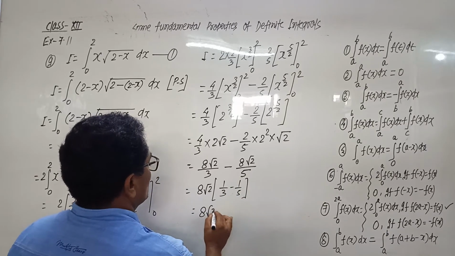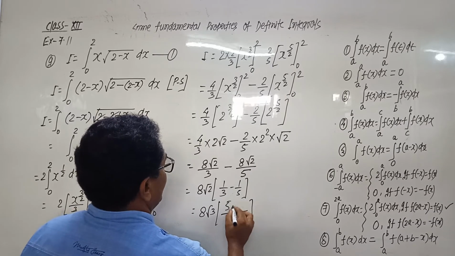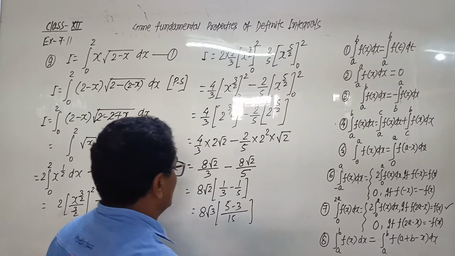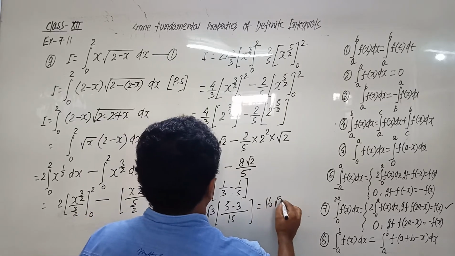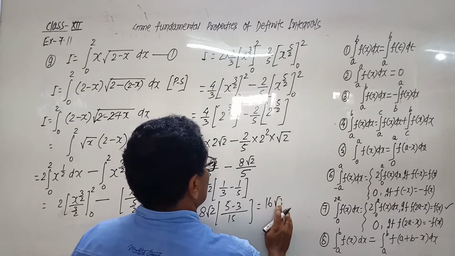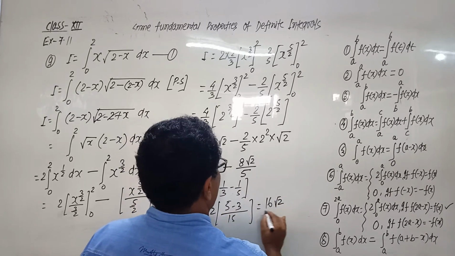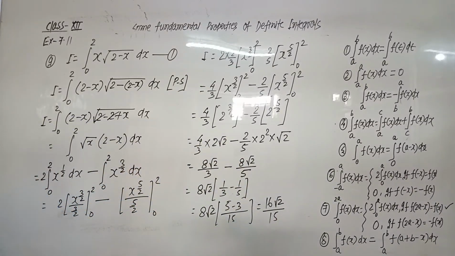So 8 root 2, LCM 15, and it comes 5 minus 3, 2, 8 root 2 multiplied by 2, 16 root 2 upon 50. This is the result, 16 root 2 upon 50.